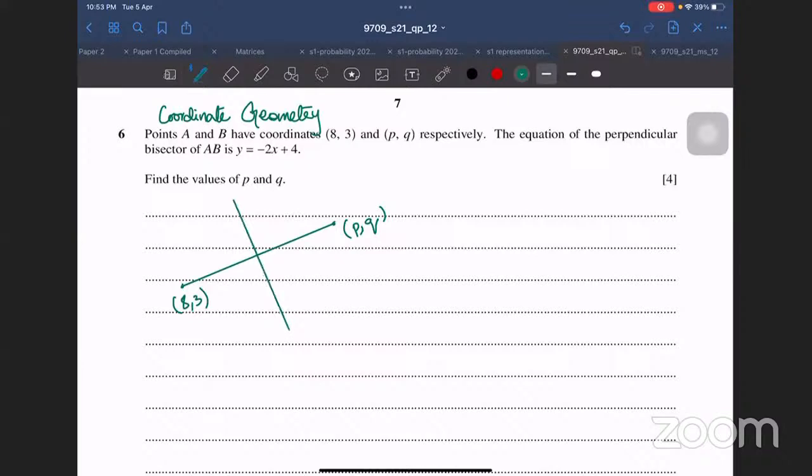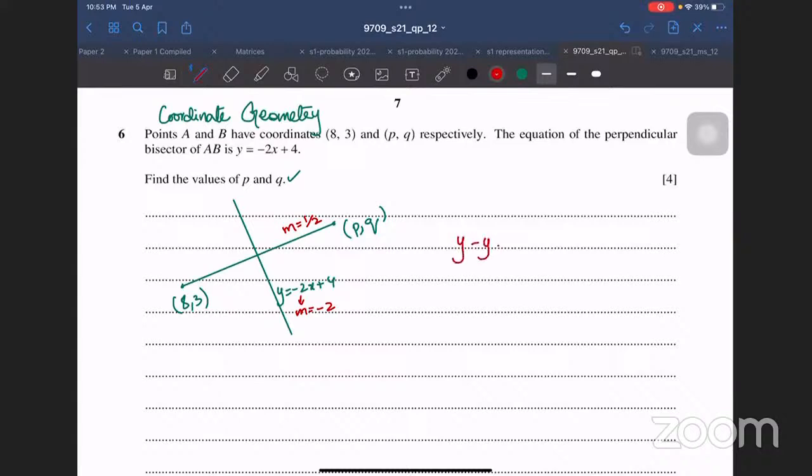इसका perpendicular bisector है y equals to -2x plus 4. Okay, find the values of p and q. अब मुझे पता है दो unknowns हैं, तो दो situations चाहिए होंगे to solve this. Okay, let's think about this. अगर इस लाइन का ग्रेडियंट -2 है तो इस लाइन का ग्रेडियंट जो हो जाएगा वो हाफ हो जाएगा. अगर इस लाइन का ग्रेडियंट हाफ हो जाएगा तो what I can do is I can construct the equation of that line.